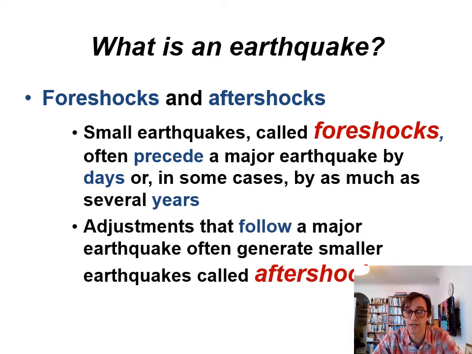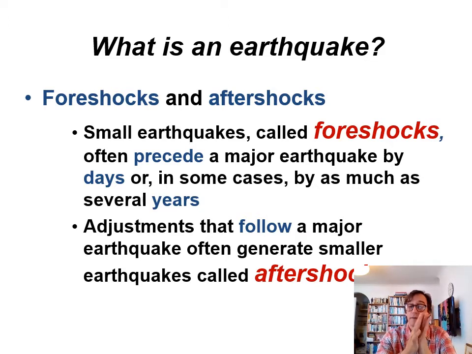Adjustments following a major earthquake often generate smaller earthquakes called aftershocks, and these will be smaller in size. And the key here, because of the potential for aftershocks, is this: if you live through an earthquake, you're inside a building, and the building hasn't collapsed, then if you're on the ground floor, as we'll see in part 2 of these lectures, try and get out, but if not, shelter under a sturdy table or something like that.